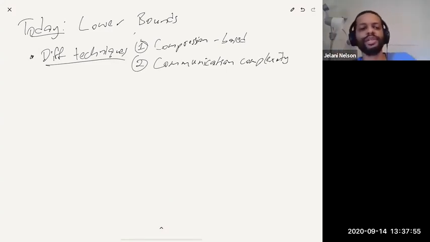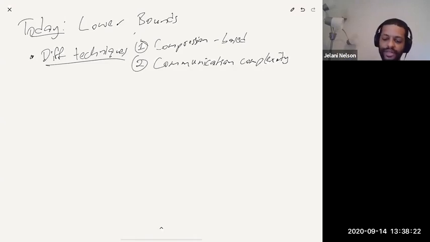And these are not necessarily disjoint techniques. In fact, some communication complexity arguments, the way you carry them out is via a compression-based argument. So there is some overlap between them. You don't know what these terms mean yet because I haven't told you, but these are two not necessarily disjoint techniques that are commonly used to prove lower bounds for sketching algorithms.